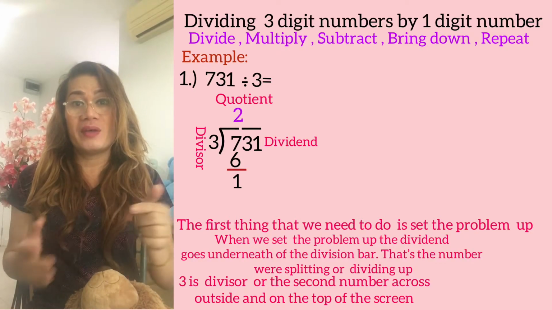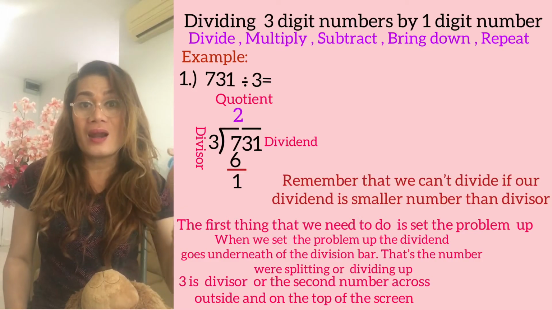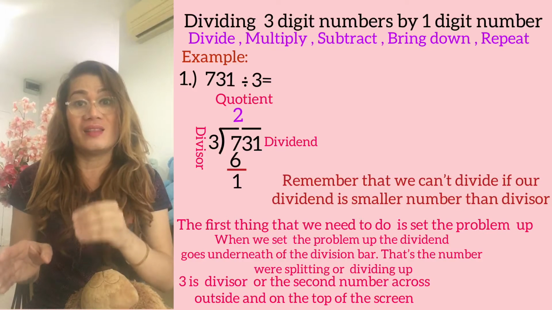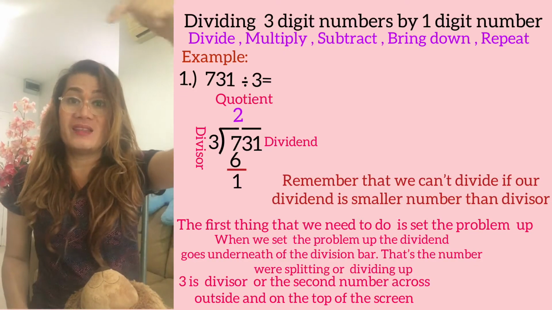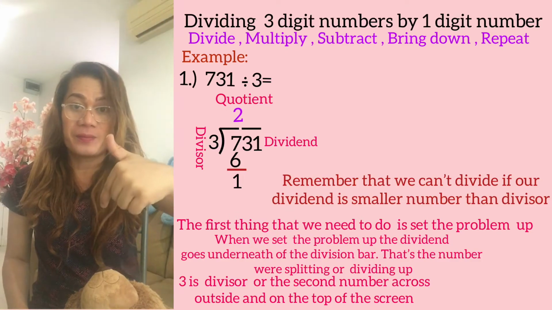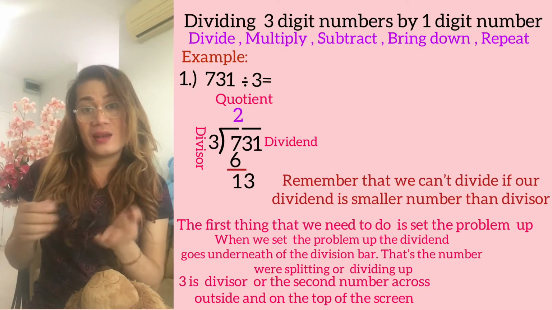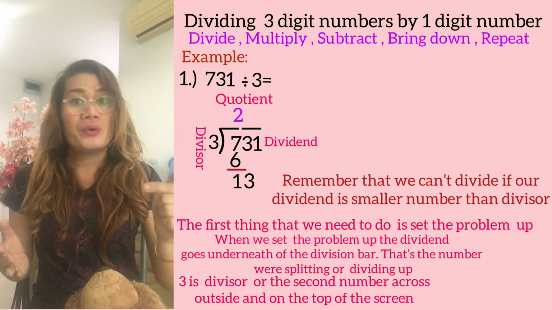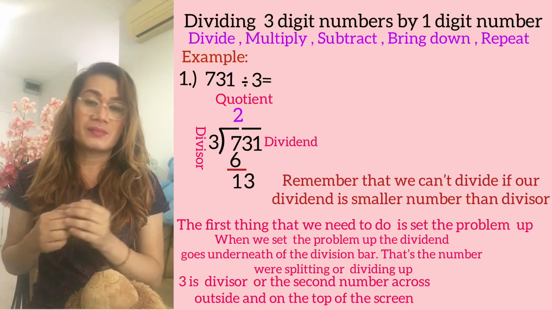Always remember that we can't divide 1 by our divisor because 1 is smaller than our divisor. So we have to bring down our number 3. Now we have 13. How many whole groups of 3 can we pull out of 13?